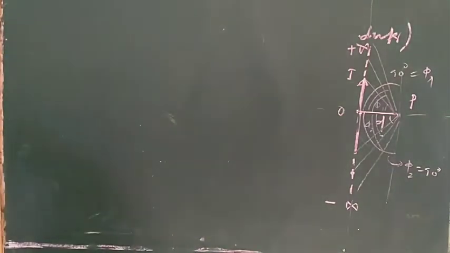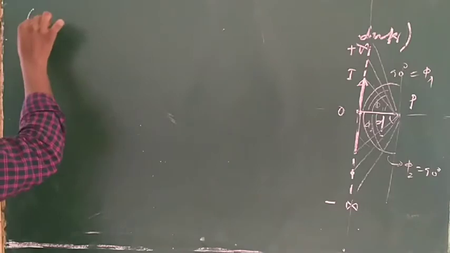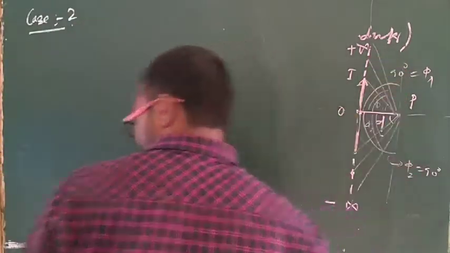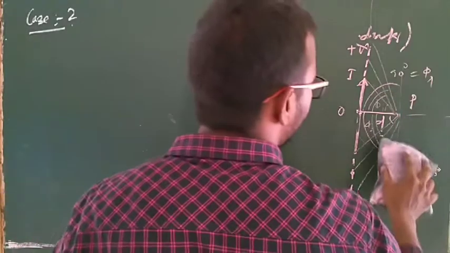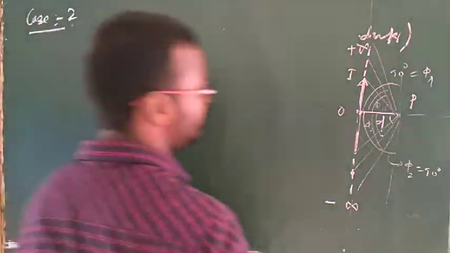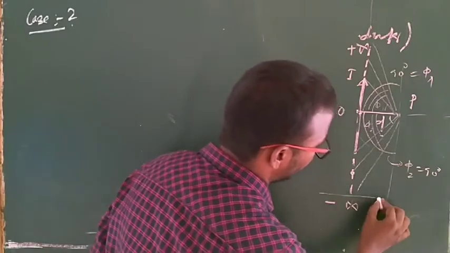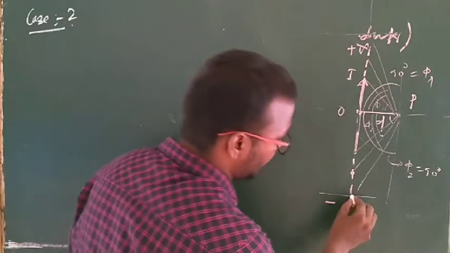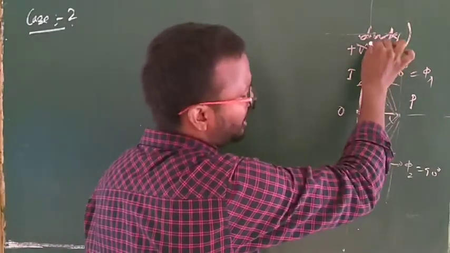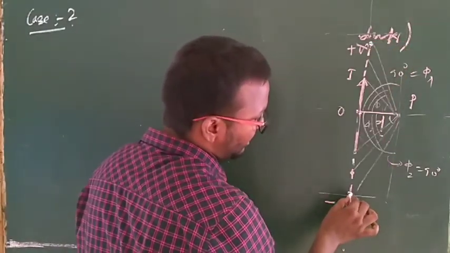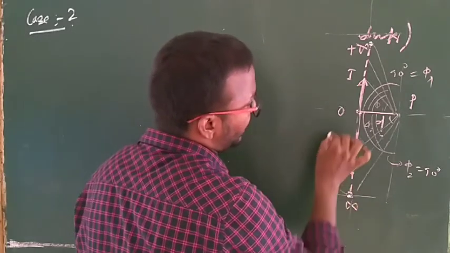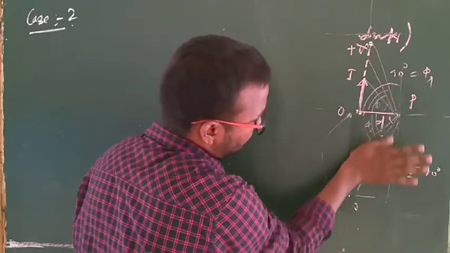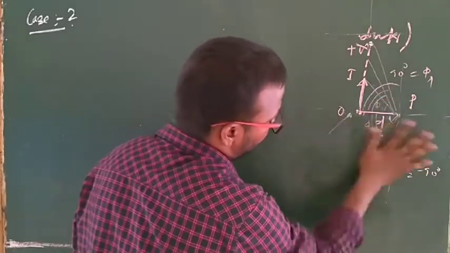Next, case 2. Suppose this is infinite length, and this end is minus infinite and this point is plus infinite. Clear? If this is the final point, this is also another end point. If this end point coincides with Q, then this total length we can ignore.